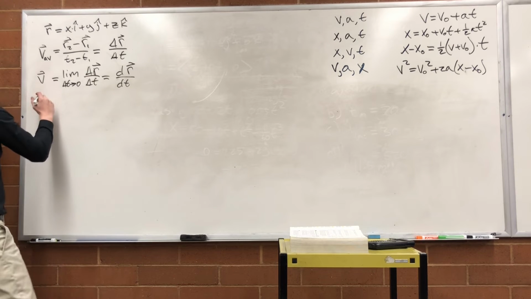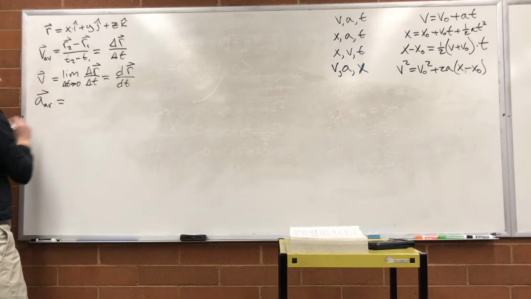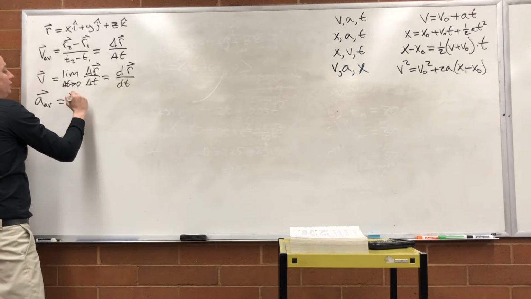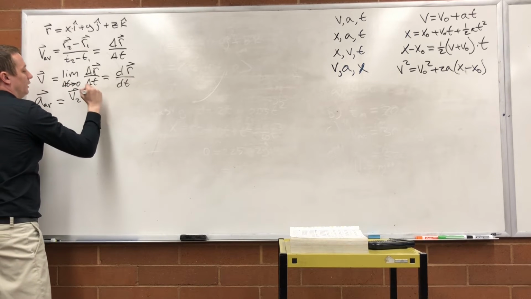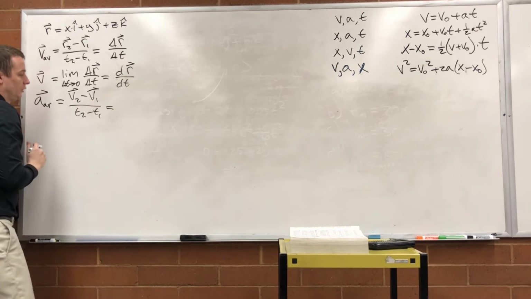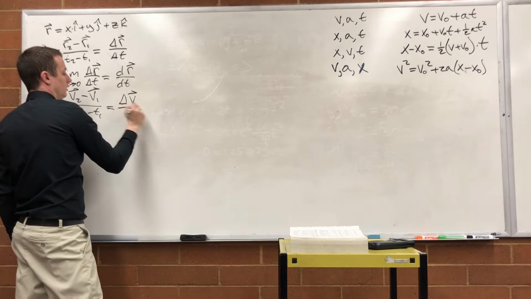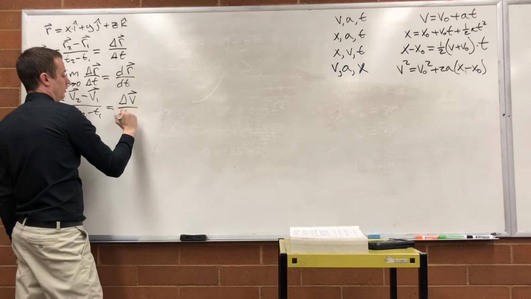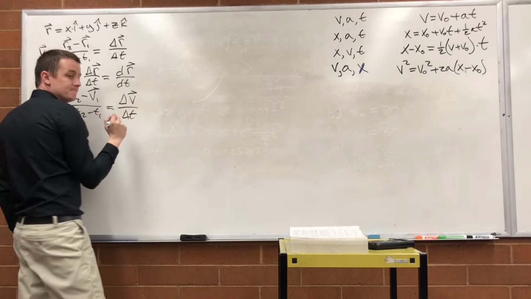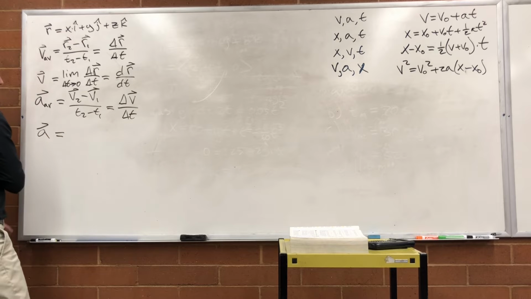So similarly, now your average acceleration vector is going to look exactly like what you expect it to. It's going to be a v2 vector minus a v1 vector all over t2 minus t1, or it's going to be equal to your change in velocity over your change in time. And your acceleration vector is going to be exactly what you expect.